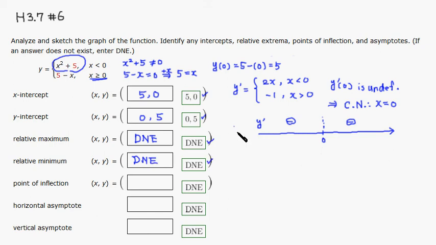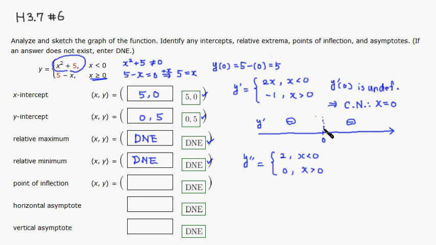Then the point of inflection. Let's look at the second derivative. So y double prime is equal to... the derivative of 2x is just 2 if x is less than 0, and the derivative of negative 1 is 0 when x is greater than 0.